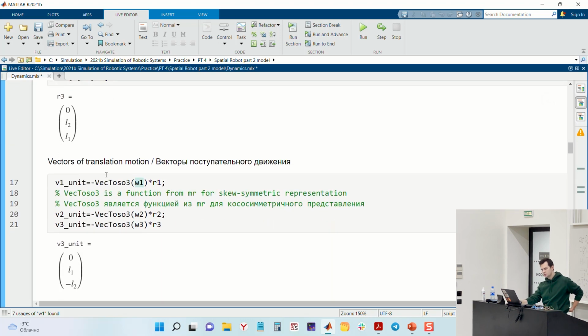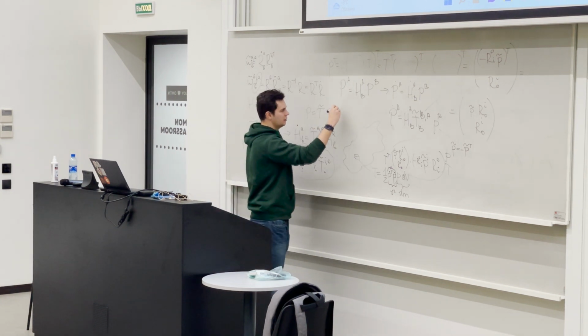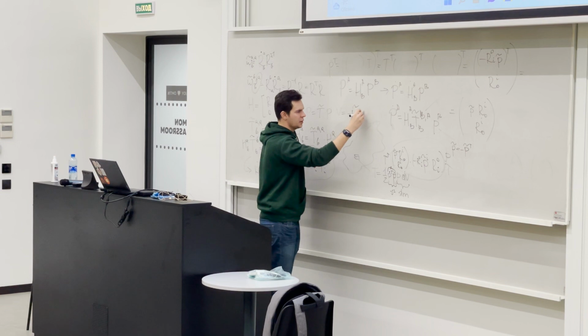Then we need to use this skew symmetric representation to compute the vector v. So v equals minus angular velocity in skew symmetric form times r.